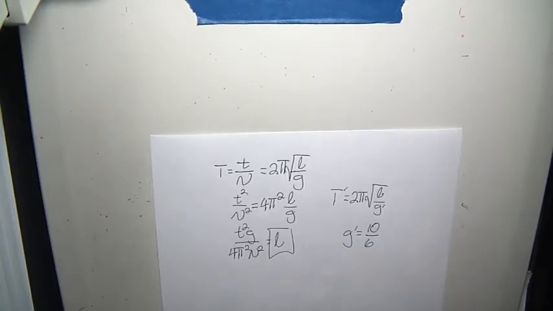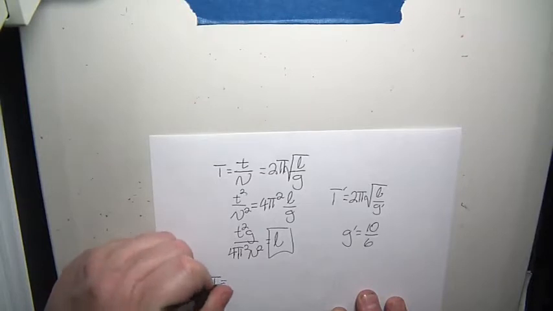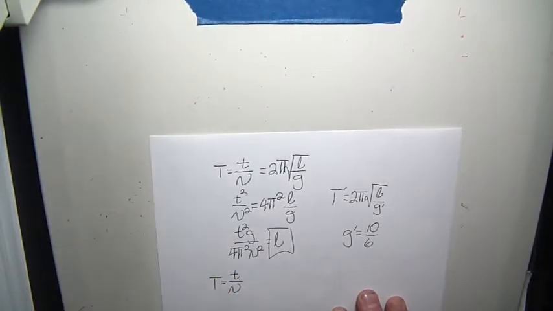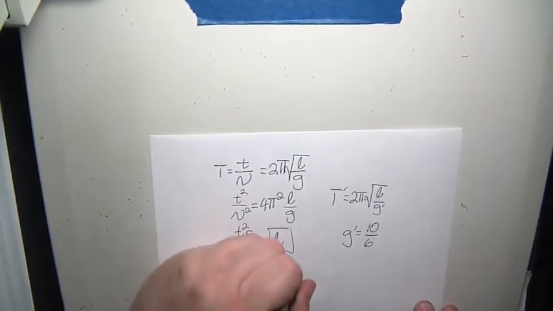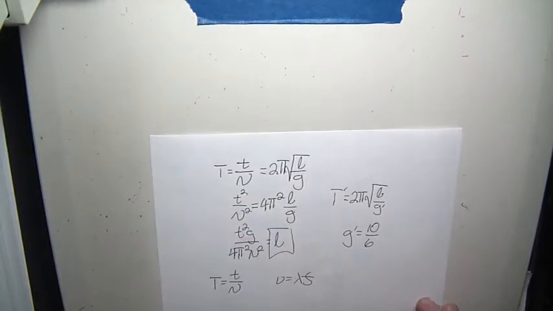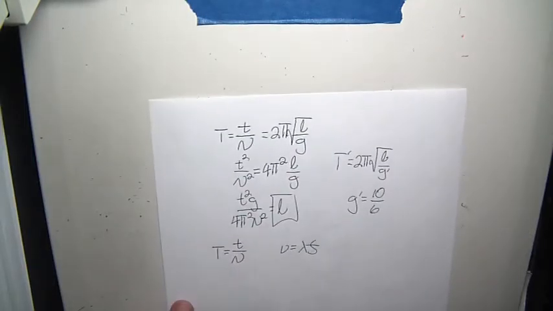Number 8, you were in a wave pool, 30 oscillations in 90 seconds. So the period is little t over big N, where little t is 90 and big N is 30. The wavelength is 20 meters, and we're using V equals lambda F. The velocity of the wave is the wavelength times frequency, and we did an example today.